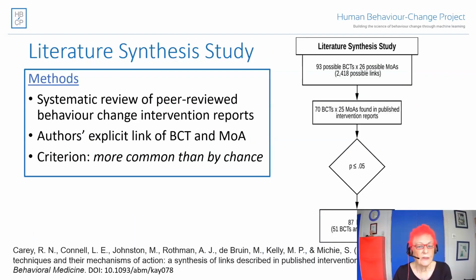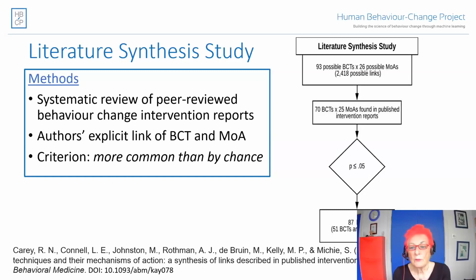First of all, the literature synthesis study was a systematic review of peer-reviewed behaviour change intervention reports. We looked for where authors made an explicit link between a BCT and a mechanism of action. And we identified a link where the link observed was more common than by chance. So there were 93 possible BCTs and a possible 26 mechanisms of action.